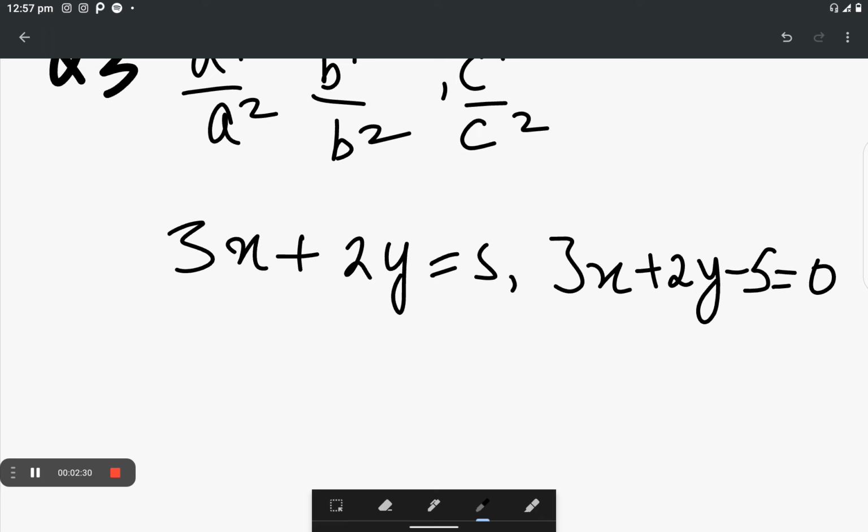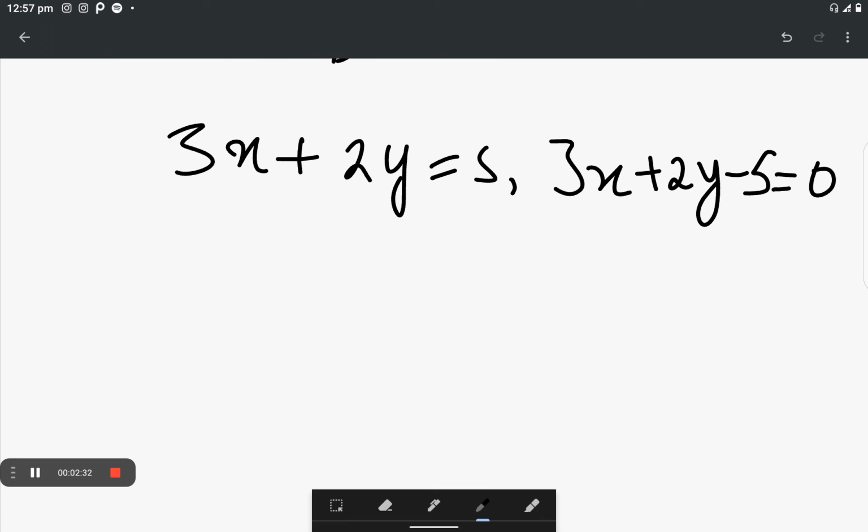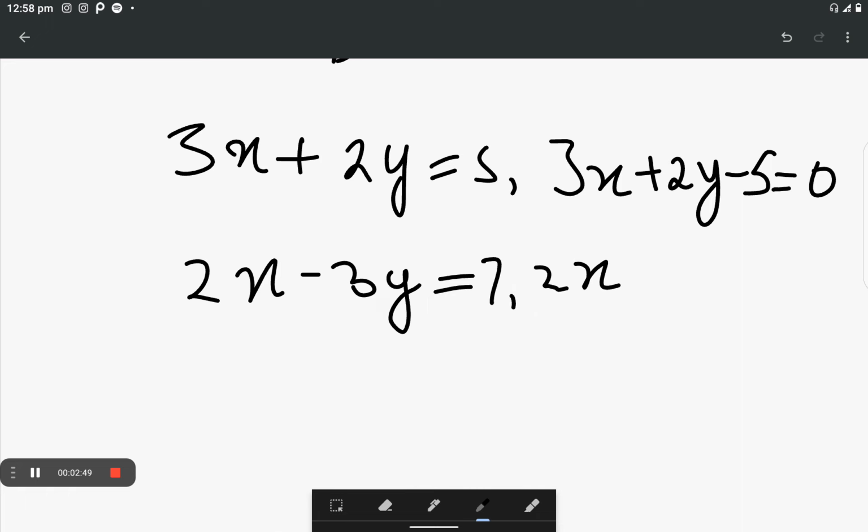Every equation you will first have to convert to the standard form. Now the next equation is 2x minus 3y equals 7, which when converted would be 2x minus 3y minus 7 equals 0.